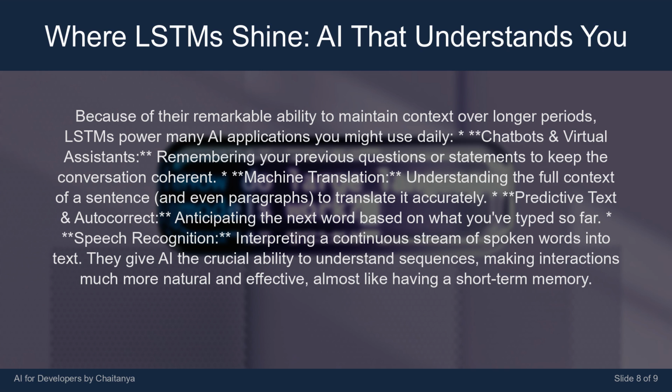Machine translation: understanding the full context of a sentence and even paragraphs to translate it accurately. Predictive text and autocorrect: anticipating the next word based on what you've typed so far. Speech recognition: interpreting a continuous stream of spoken words into text.